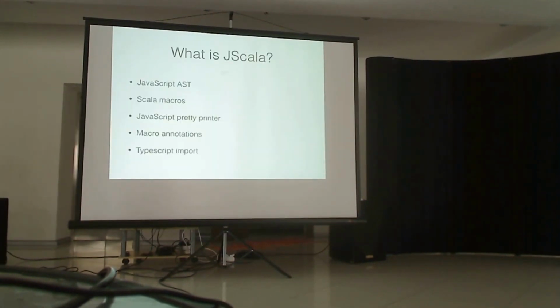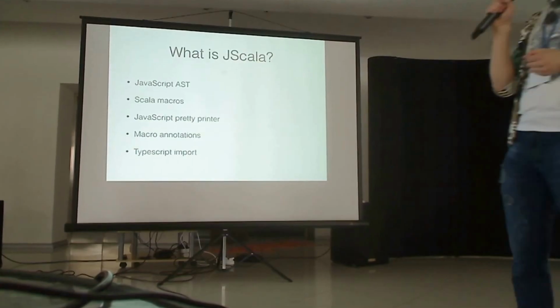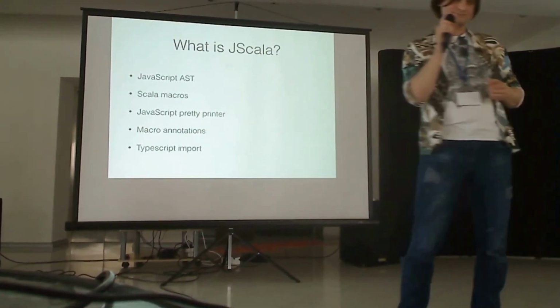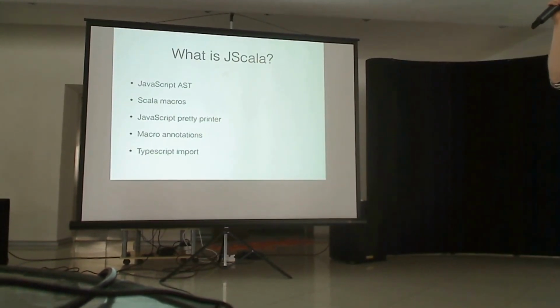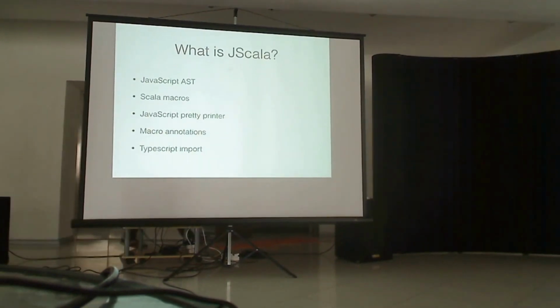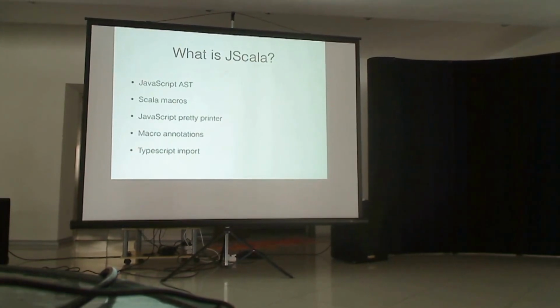The library contains macros and macro annotations. It also contains a JavaScript AST, abstract syntax tree, and pretty printer. You can create this AST manually or from the Scala code, manipulate those trees if you like, and then pretty print to a string, which is actually the point of this library.